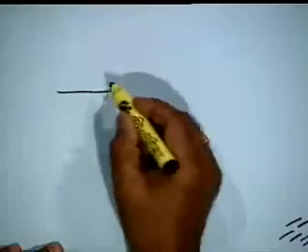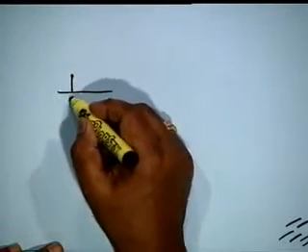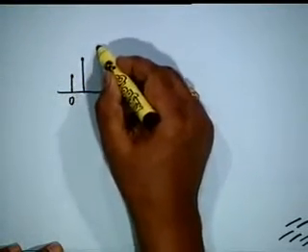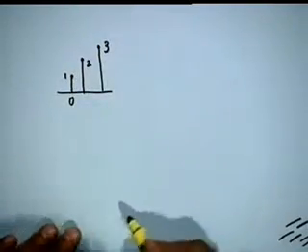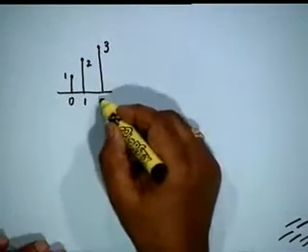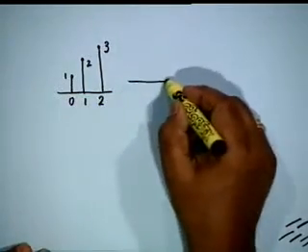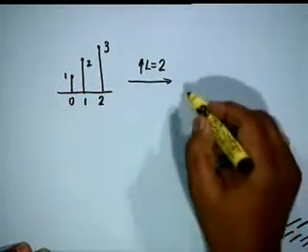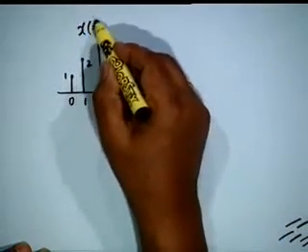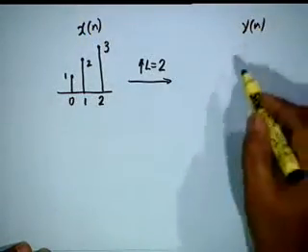There was a question about the shape of the waveform, so I would like to go through this example once more. What we took was x of n, this: 1, 2, 3. These have not been drawn to scale, but you understand what I mean. This, when upsampled by L equal to 2, this is x of n and this is y of n.